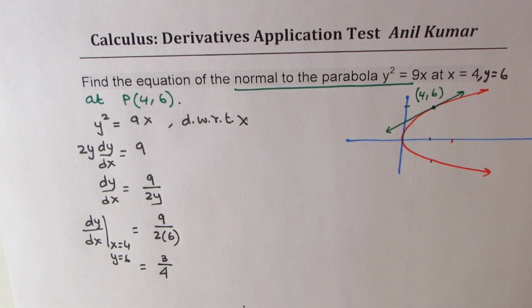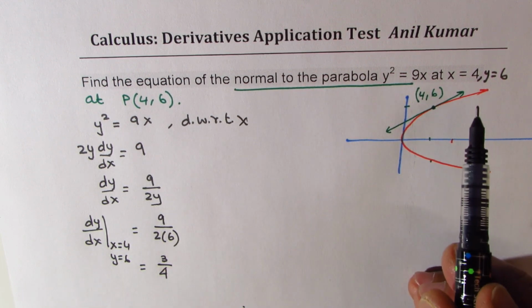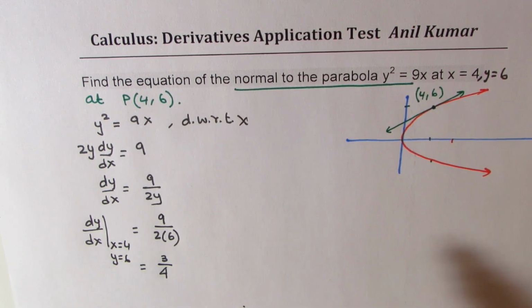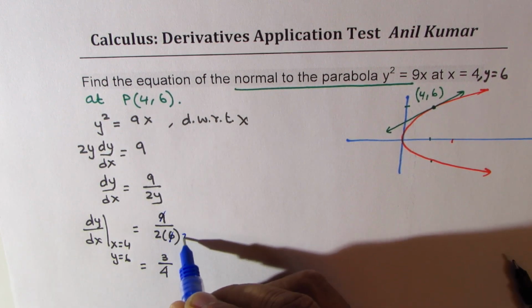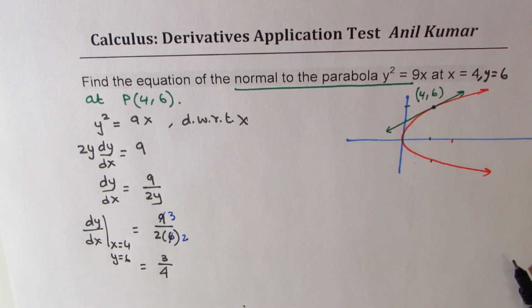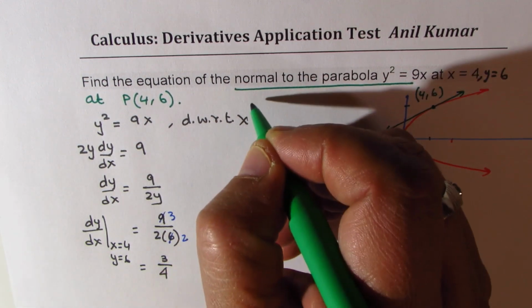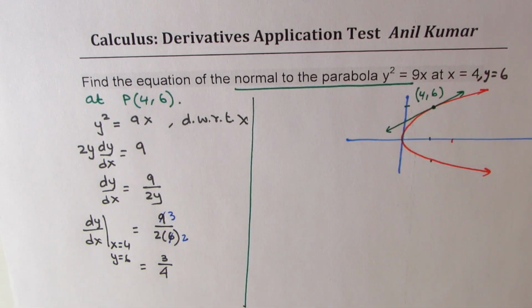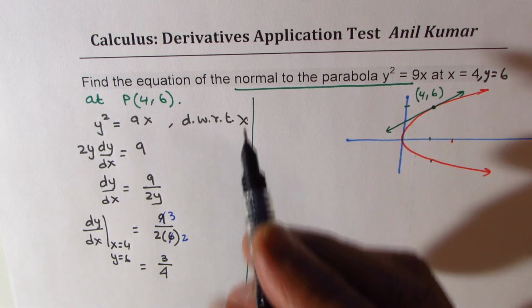Correct? So the slope is 3 over 4 for the given point, which is (4, 6) for us. What I did here is just simplify 3 times 3 and 3 times 2. Perfect. Now let's look into the equation of the normal.